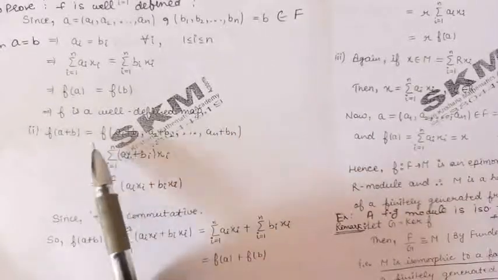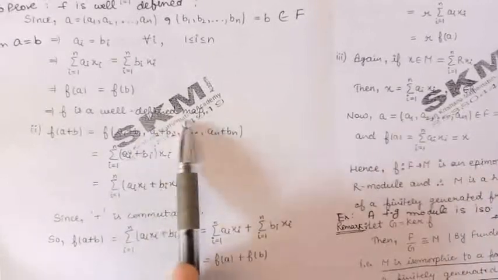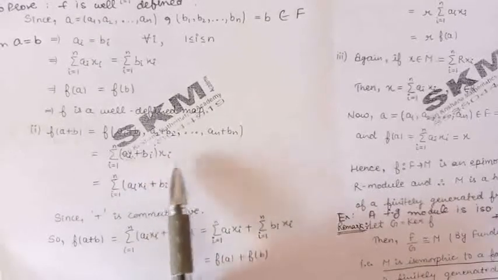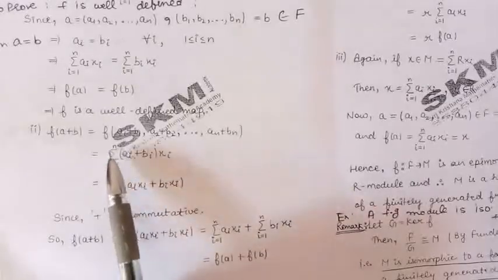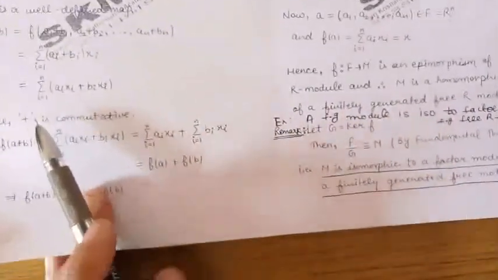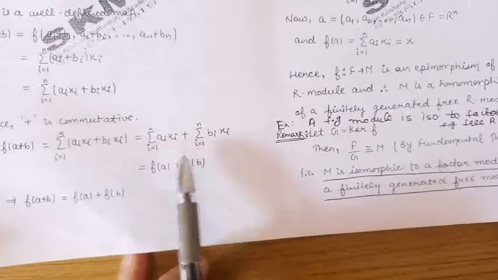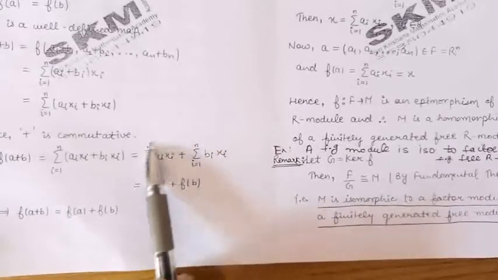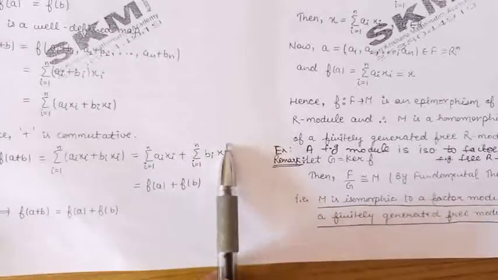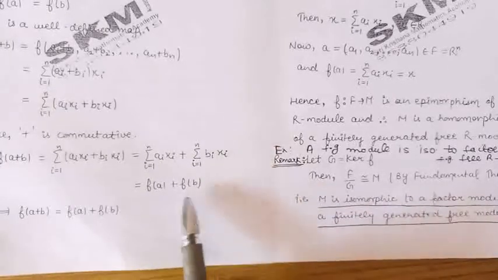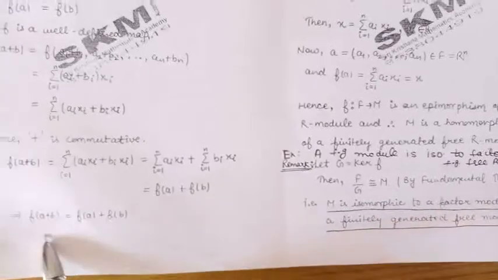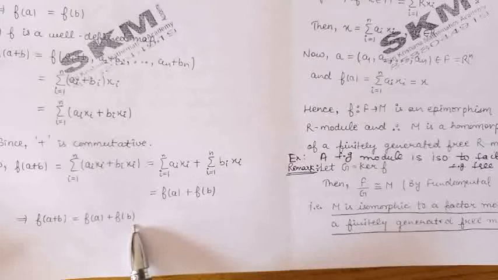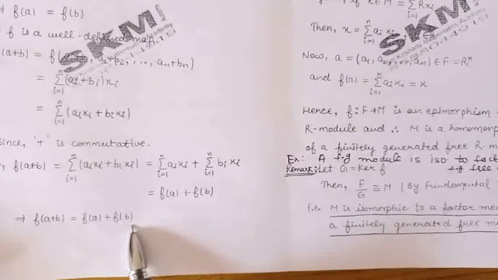Now by the definition of mapping f, the image of this element under f is given by summation (ai plus bi) into xi, where i varies from 1 to n. And this can further be written as summation ai xi plus summation bi xi. Now by definition of mapping f, this is the image of element a under f, and this is the image of b under f. So we have proved the image of a plus b is equal to the image of a plus the image of b. This proves one of the conditions of homomorphism.